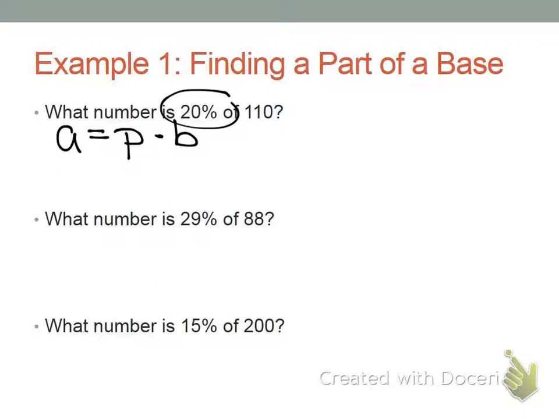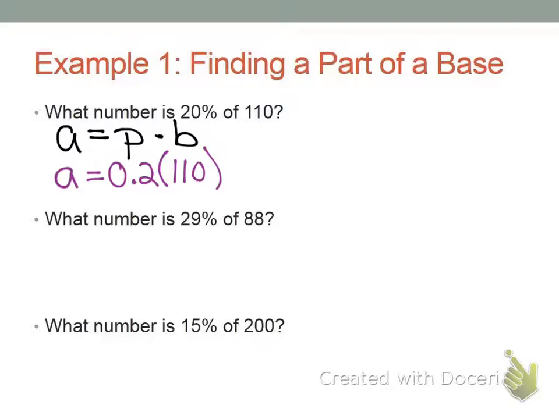So 20% is what value as a decimal? I'm dividing, so I move it to the left 2 places. 20% is going to be 0.2. That's what I plug in for P. So I see my percentage and I plug it in as a decimal. Okay, 0.2 times B, 110.